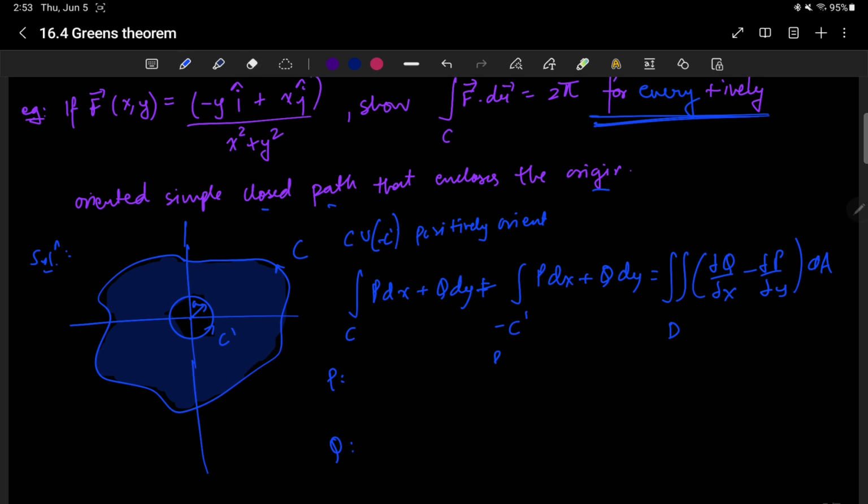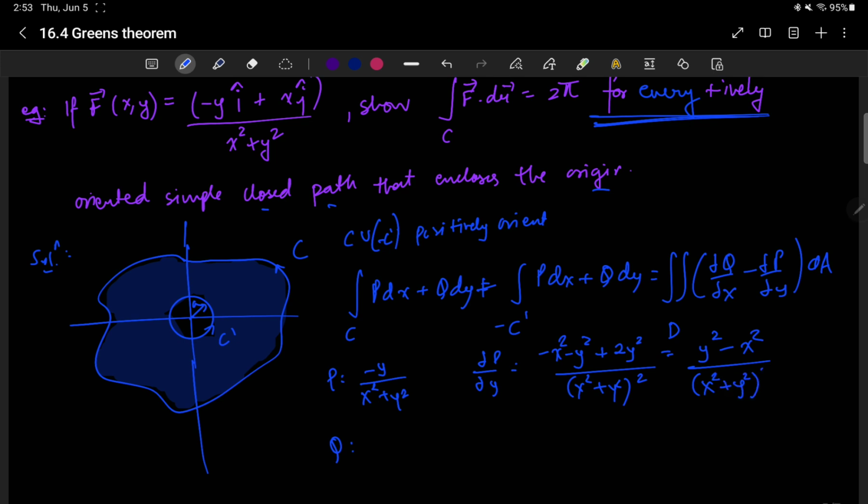P is the first part, P is actually negative y over x squared plus y squared. So that when you do this, you have x squared plus y squared whole squared, derivative of the top, so you have negative 1 times x squared plus y squared minus derivative of the bottom, which is 2y times negative y, so plus y squared, which makes it y squared minus x squared over x squared plus y squared whole squared. And Q is x over x squared plus y squared.